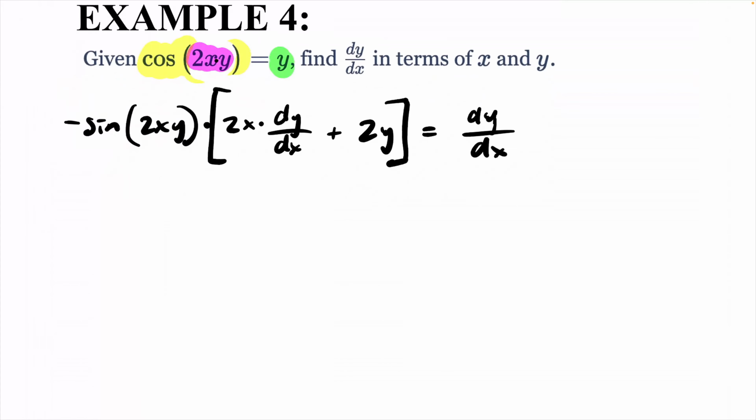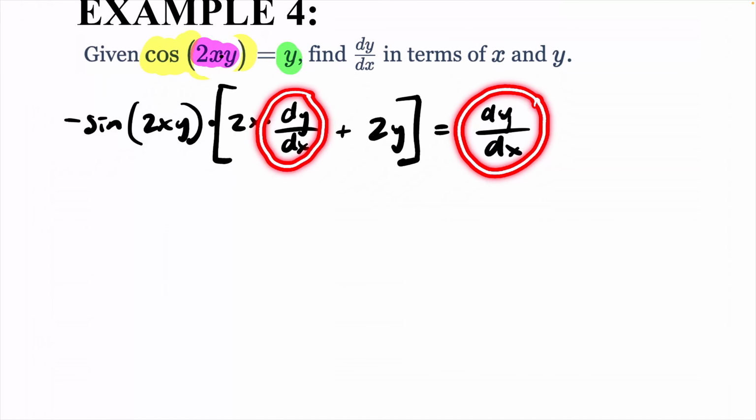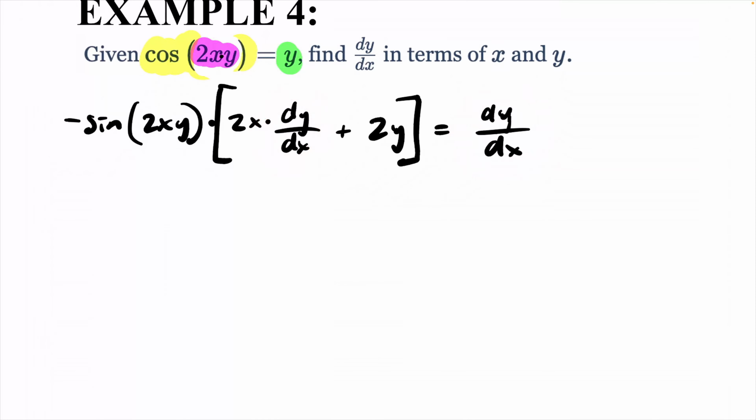So now we've got to get dy dx by itself. I have 1 inside, 1 on the other side. To access this guy here, I'm actually going to have to distribute, to get rid of the brackets. I have to distribute here and distribute here. That'll get rid of the brackets altogether, and that's what I want.